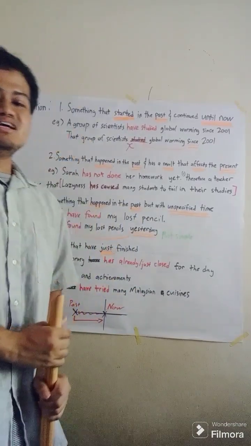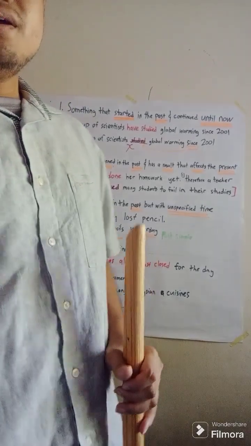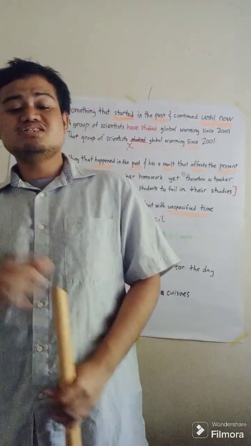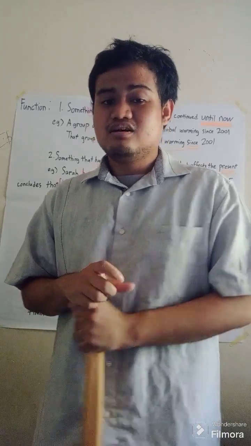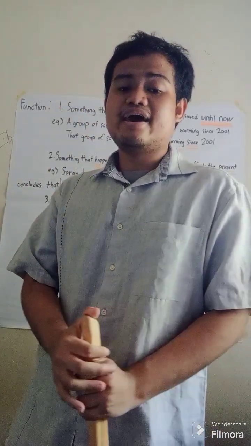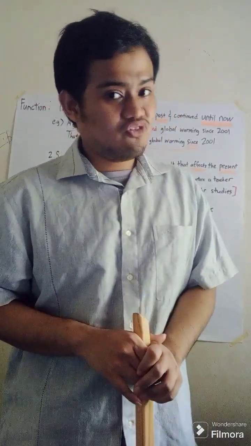Okay. Oh yeah, before I forget, there is actually one more function of present perfect simple, but it is not in your syllabus. We use present perfect simple for something that happened repeatedly in the past in a specific time.